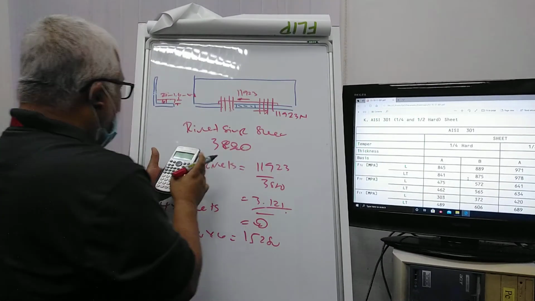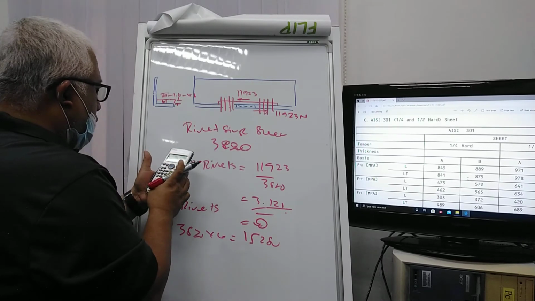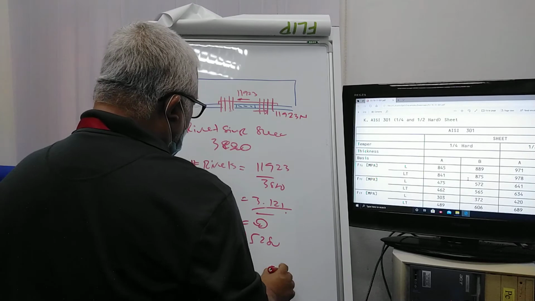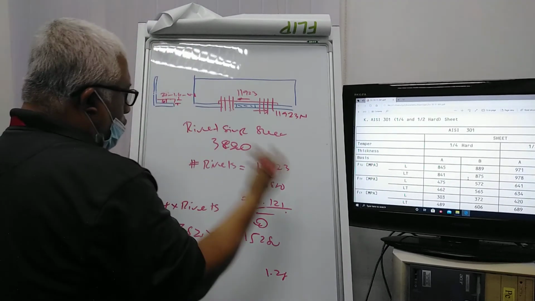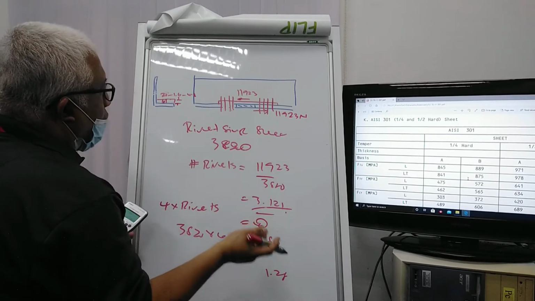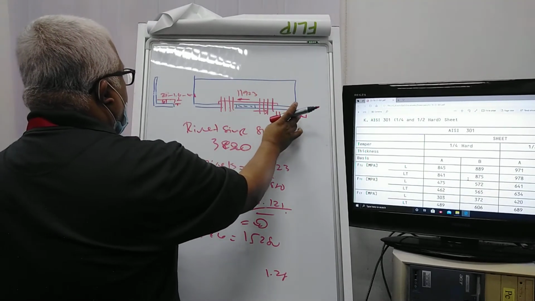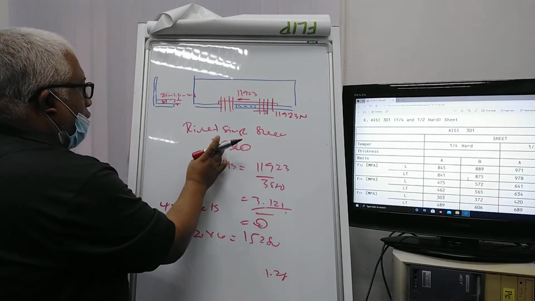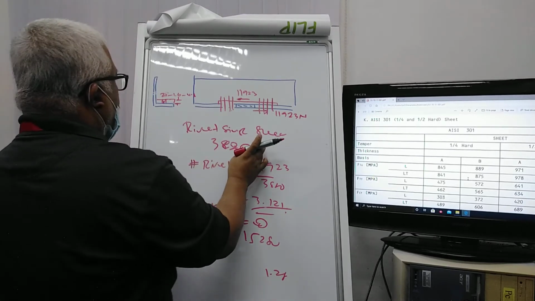The load that we need to carry is 11,923. So we still have a margin of 1.28. So this is acceptable. If you want to go for 1.5, then you have to have more rivets. So here, the load loss of 11,923 can be carried by 4 of the 2117 AD rivets MS20470.